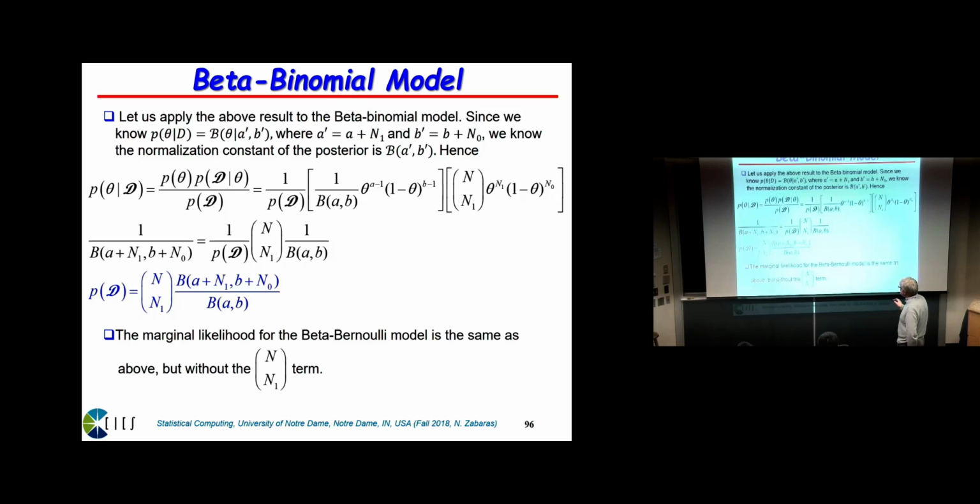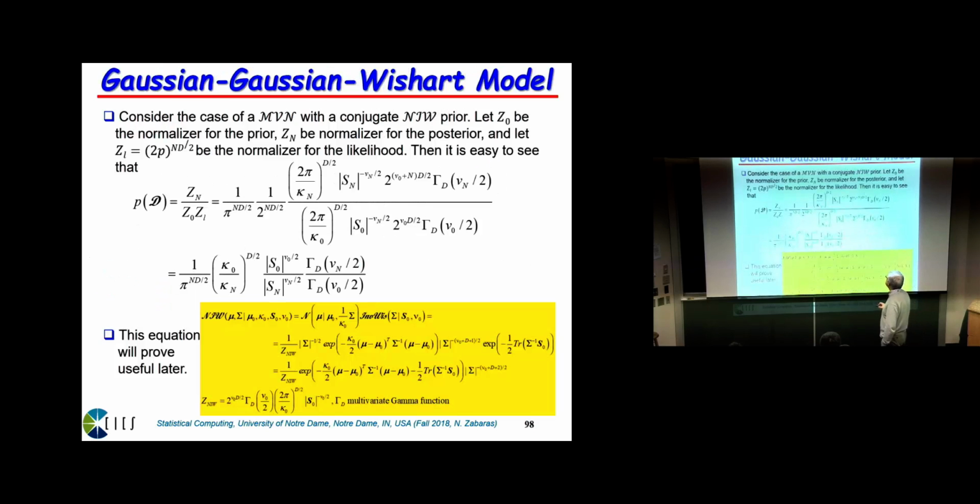There is a lot of literature here for different types of distributions on how you do evidence approximation.